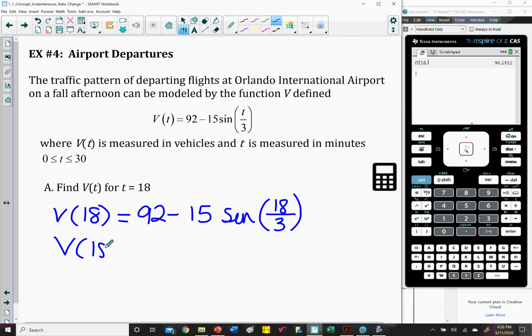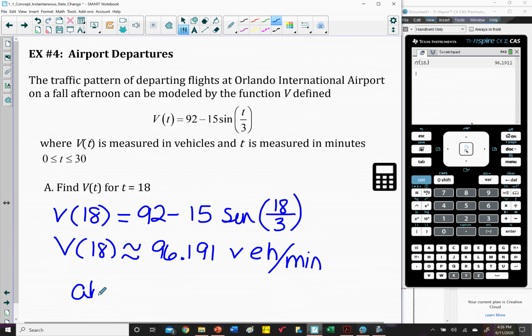And my calculator tells me that's about 96 vehicles per minute are going through that departure lane. Right? So we could just round that, about 96 vehicles, cars and trucks, buses, vans, everything.